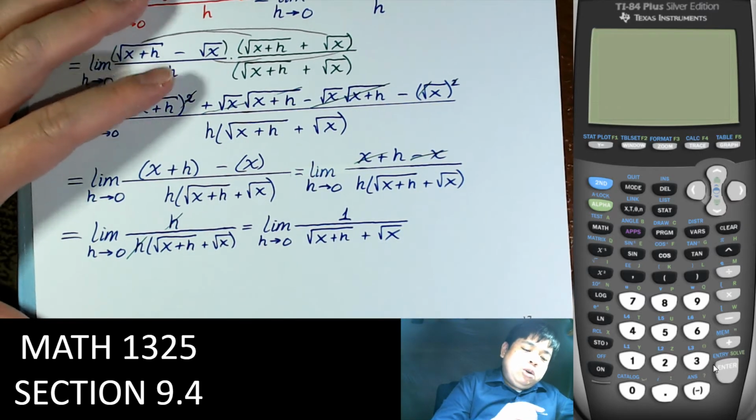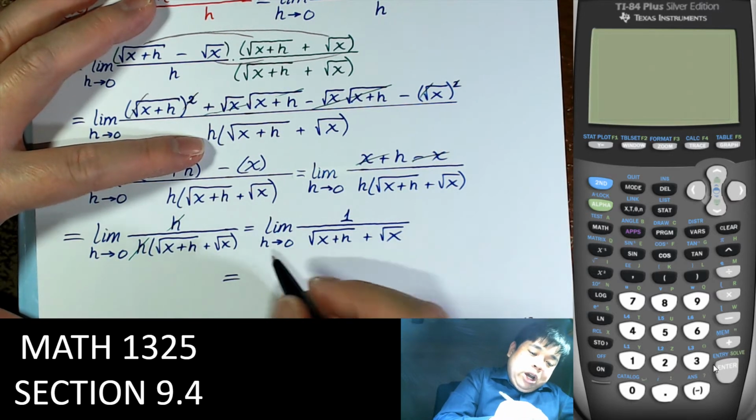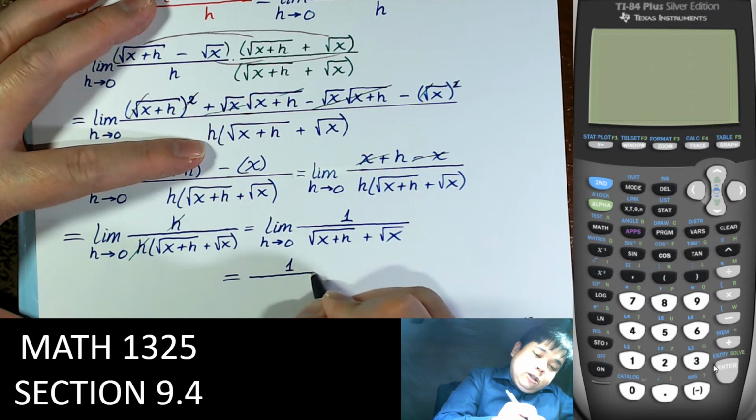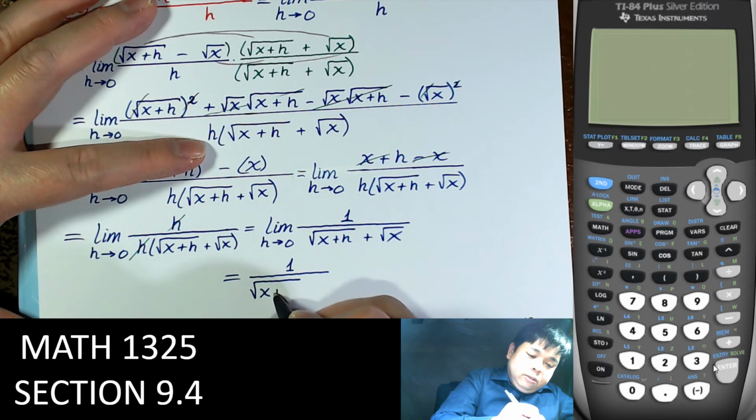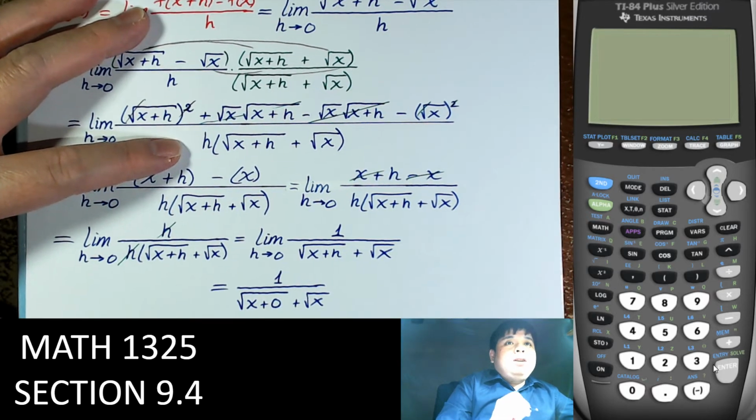Now, we just need to put the 0 into h. And that's what we have.